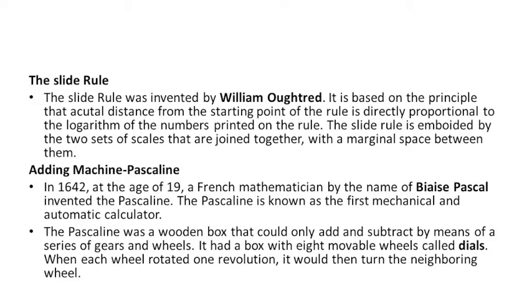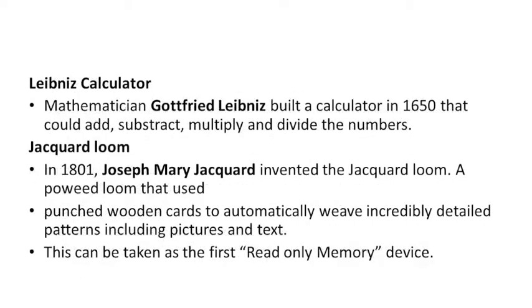It had a box with 8 movable wheels called dials. When each wheel rotated one revolution, it would then turn the neighboring wheel. Leibniz calculator. The mathematician Leibniz built a calculator in 1650 that could add, subtract, multiply and divide numbers.